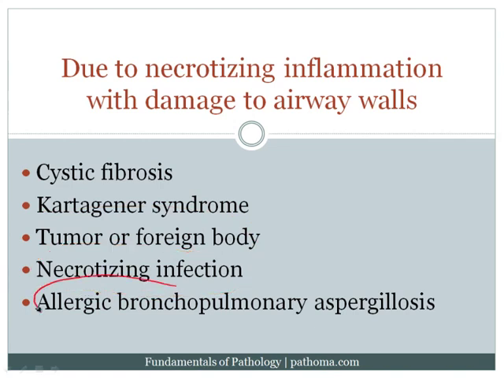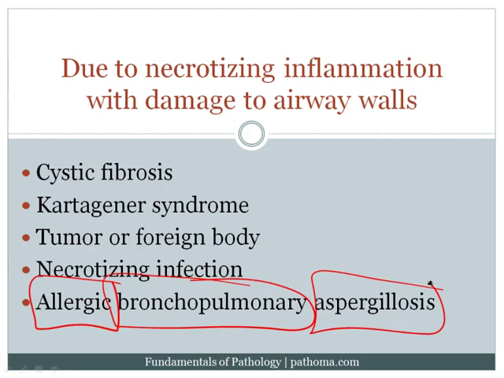And finally, something called allergic bronchopulmonary aspergillosis. Okay, allergic tells us that this is a hypersensitivity reaction. Bronchopulmonary tells us that it's in the relatively large airways, the larger airways, and aspergillosis implies that it's due to aspergillus. Now basically this is a hypersensitivity reaction to aspergillus. It is seen classically in two patients. Do you know which two patients?